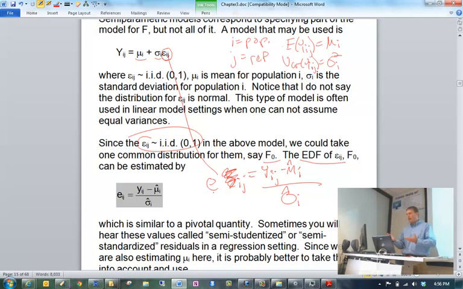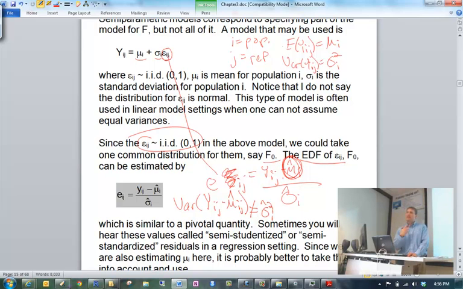Well, why am I calling them semi-studentized? That's a common term that I use, for example, when I teach Stat 870. The variance of y sub ij minus mu hat sub i is not sigma hat sub i squared, because we have this extra estimator there.